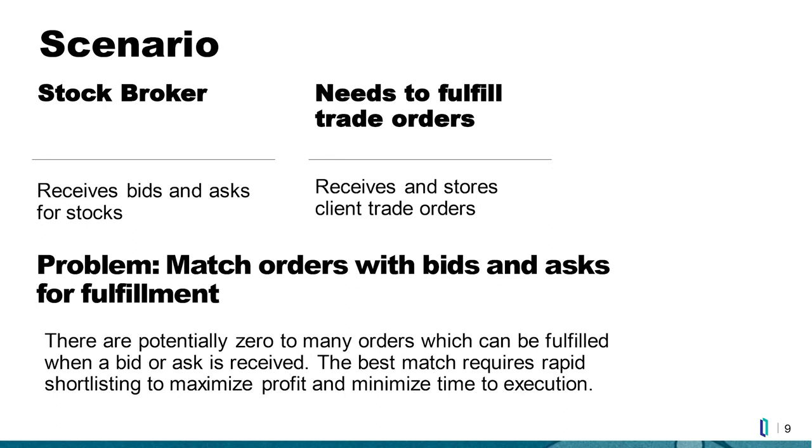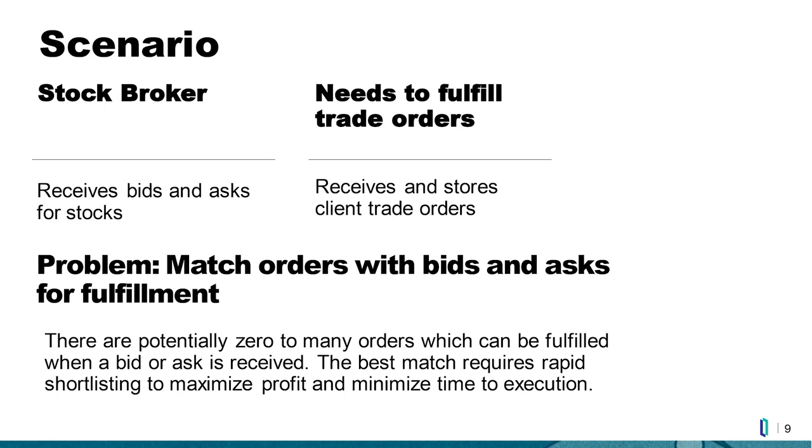And they receive any number of bids and asks for stocks. For those of you who need that introduction, a bid is someone saying, I want to buy so many stocks at such and such price of this particular ticker, if you like, and an ask is someone else saying, I want so much money to sell so many units of whatever it is, equity, stocks, etc.